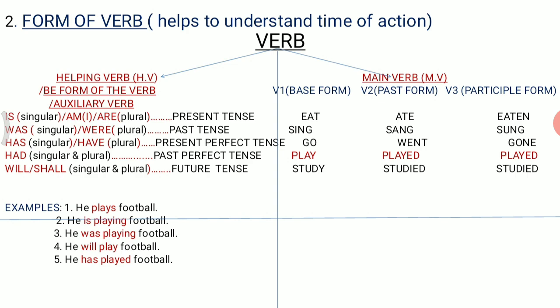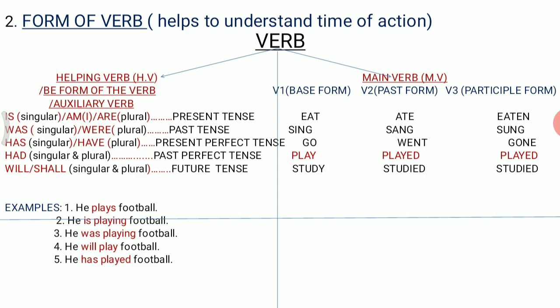So as you can see on the screen, is, am, are. Within brackets, I have mentioned where you are going to use is and where you are going to use are. So is generally goes with singular subject. When your subject, when your topic, whatever you are speaking on, is singular, you are going to use is.